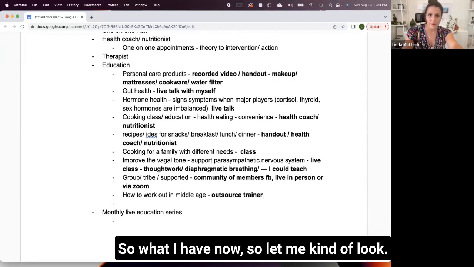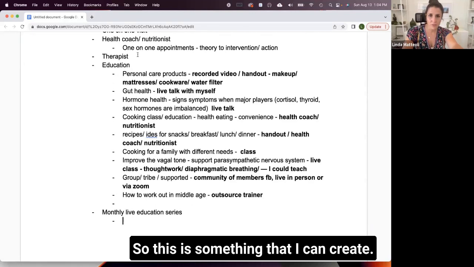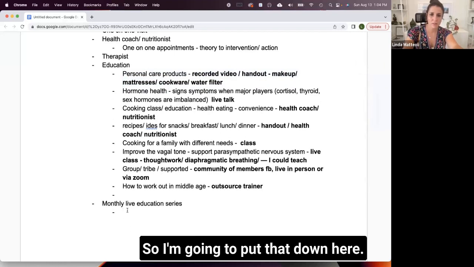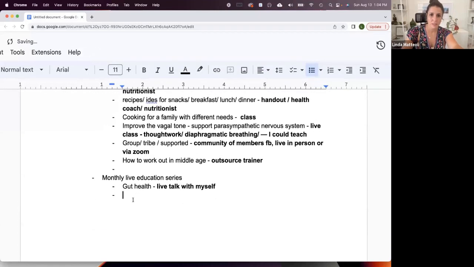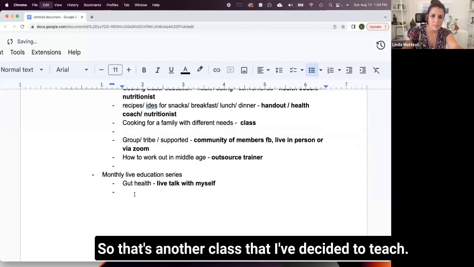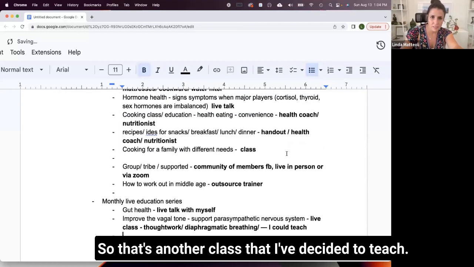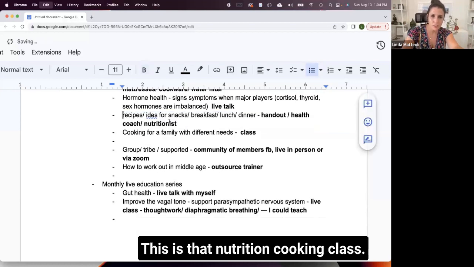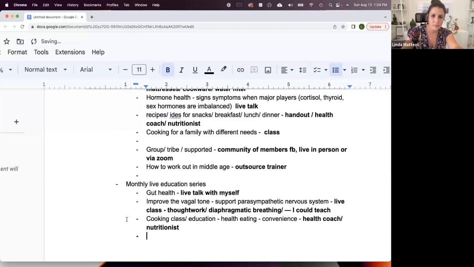So what I have now, so let me kind of look. So this is something that I can create. This one is a class. So I'm going to put that down here. Okay. And then improving the vagal tone. So that's another class that I've decided to teach. This is that nutrition cooking class.